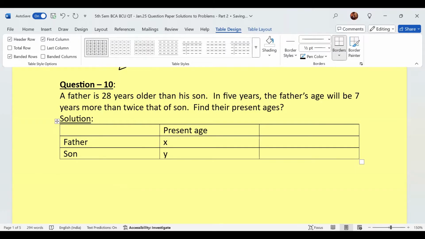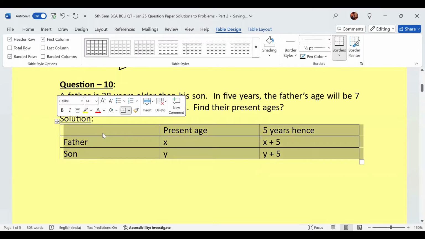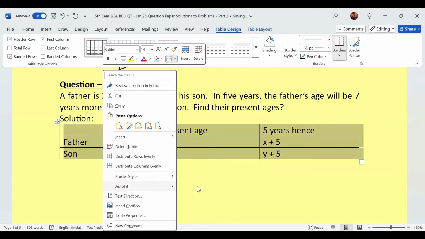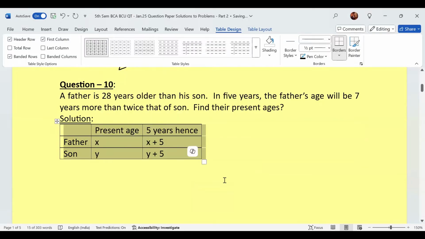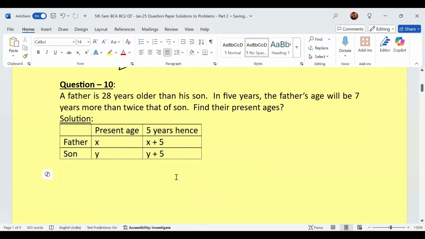So here they are talking about in 5 years, means 5 years hence. 5 years hence, father's age will become X plus 5 and son's age will become Y plus 5. Let me convert it into smaller letters. So we will auto-fit this table. Okay. Now, what is given?